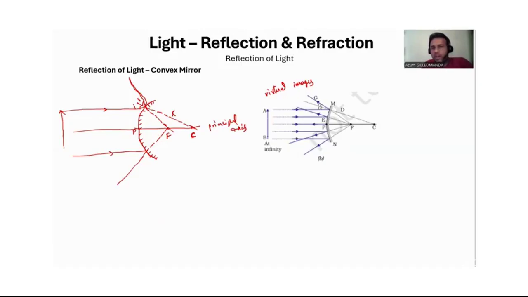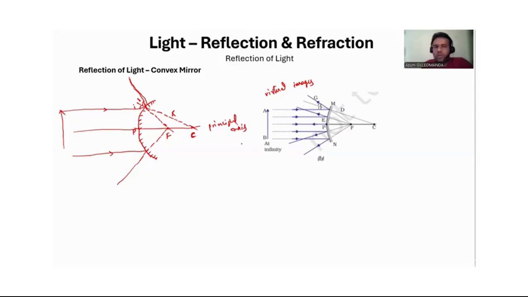If you have the object at infinite distance, a parallel beam falls onto the convex mirror, and you see it appears to converge at the focus, but it is a virtual image, very much diminished. Diminished means very small. It just appears like a dot. If the object is at infinite distance and we look at that object in the mirror, it appears as a dot there.